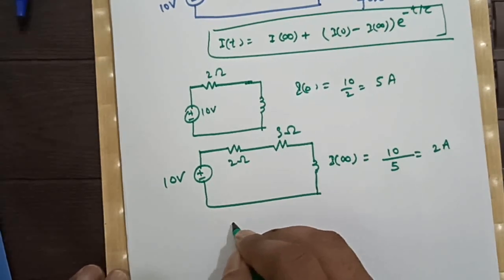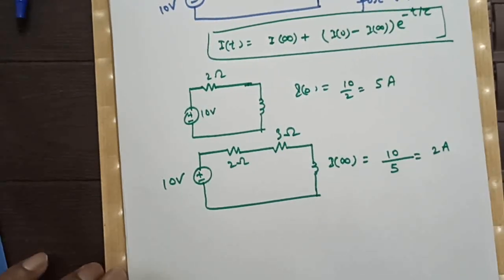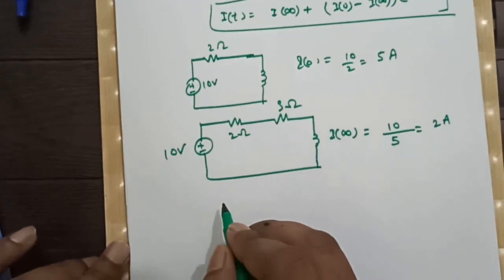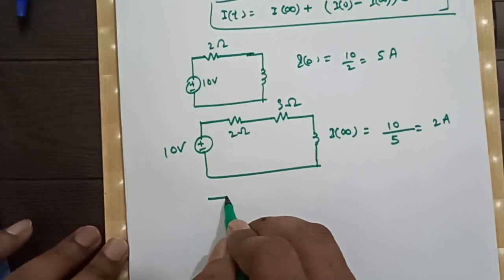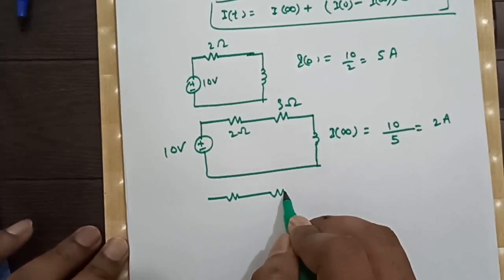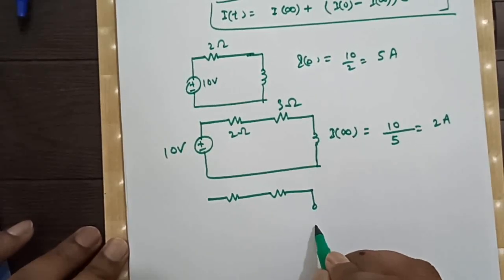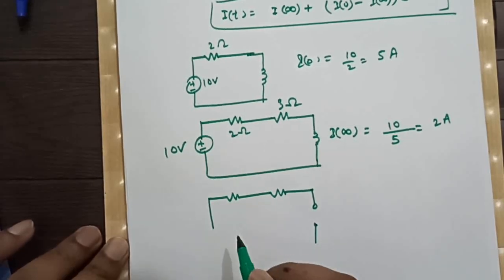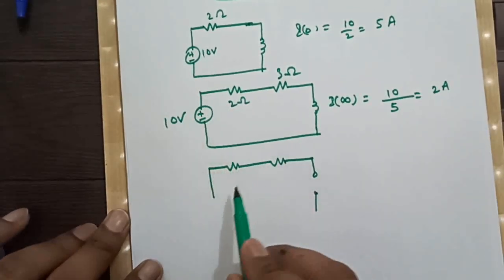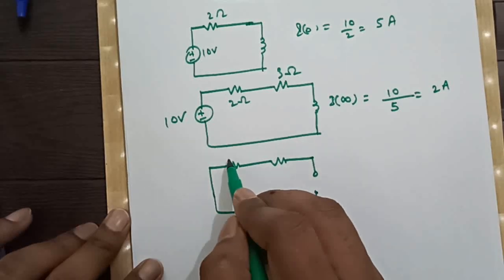Now what will be the time constant? For calculation of time constant, what we have to do? We have to find R equivalent, because here only one inductor is present, so L equivalent is nothing but half Henry. So for calculation of R equivalent we have to suppress the source. After suppressing this voltage source, this will get replaced by short circuit.